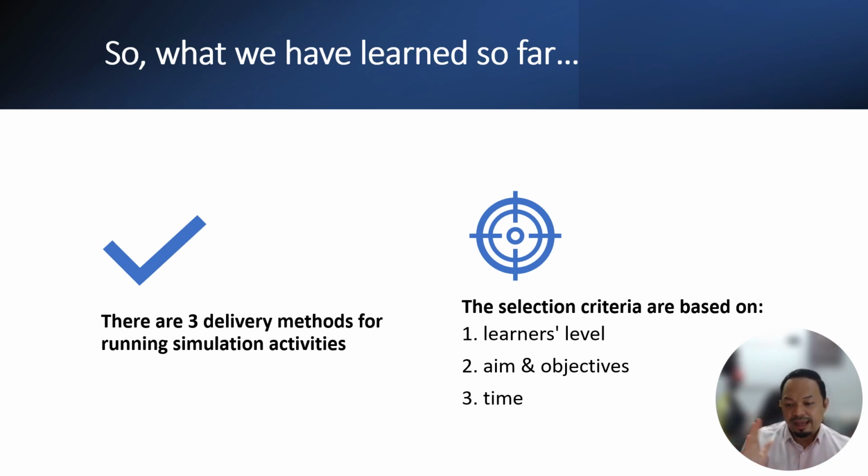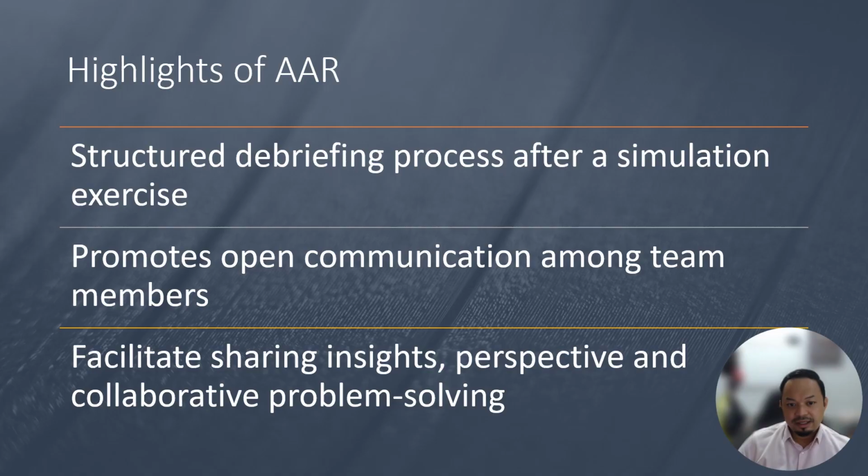Remember, whether they have experience or not, require less coaching or more coaching, the aim and the objective. Say, for teamwork assessments, you go for after action review, you don't interrupt in between. For skills, you can interrupt, you can do pause restart or RCDP, and of course the time factor. All right, so that's it.